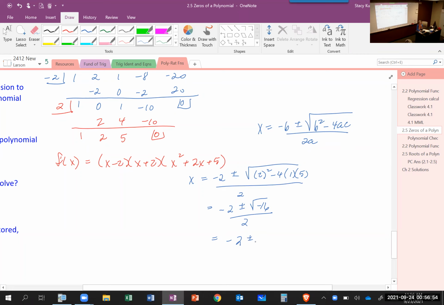What's the square root of -16? 4i. Square root of 16 is 4. So plus or minus 4i over 2. And I can simplify that by saying -1 plus or minus 2i. Are you all good with that?